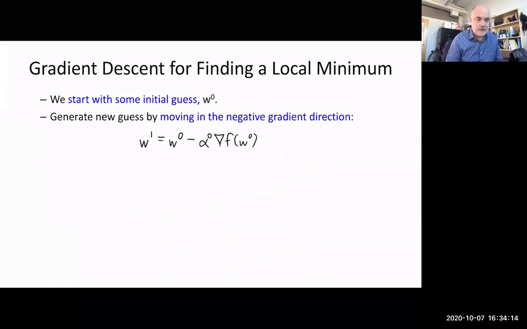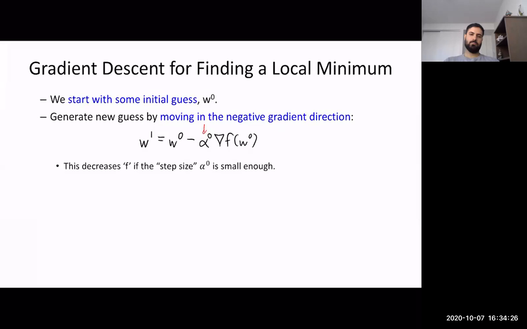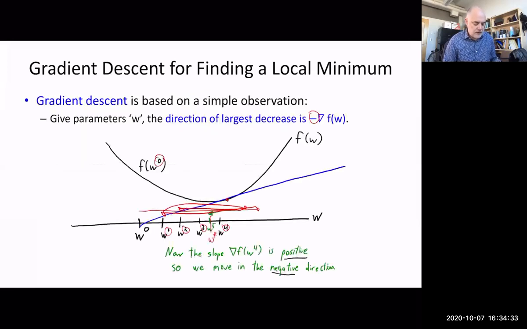Now the next thing is, how far do we move? And that's this step size, right? So we're going to pick alpha naught to be small. One way you can do this is to just pick a number that's small.